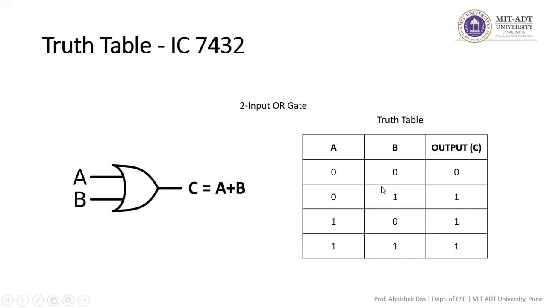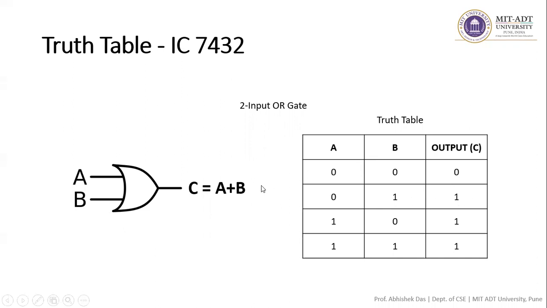Okay. So over here with the truth table, as you can see, the OR gate gives an output of 1 if any of the two inputs is 1, and it will give a 0 otherwise. That means if both the inputs are 0, then it will give the output as 0, and if any of the inputs is 1, then it will give the output as 1.